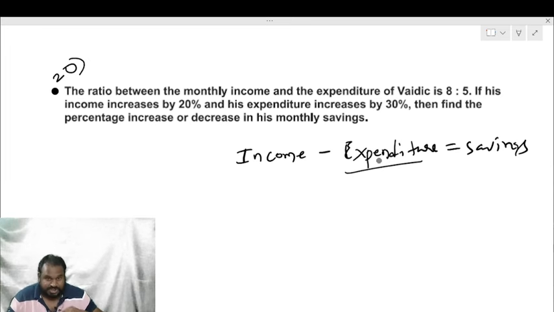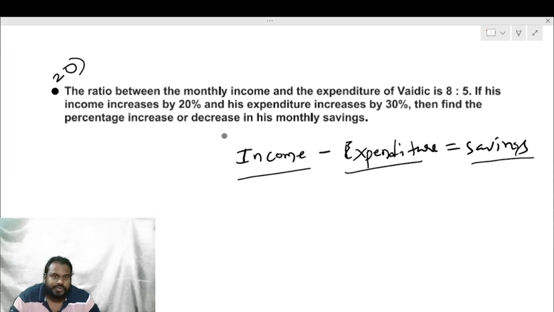Once your expenditure is fulfilled out of income, subtract that amount, and whatever amount remains will be saved in your bank account. You can keep it in your pocket or wherever you want, that's a different case. So if we subtract expenditure from the income, you will get savings.